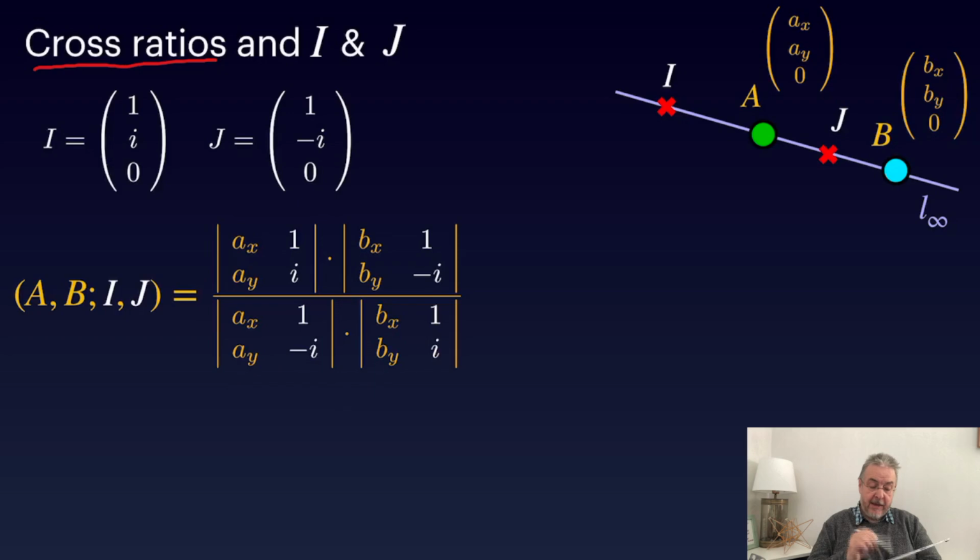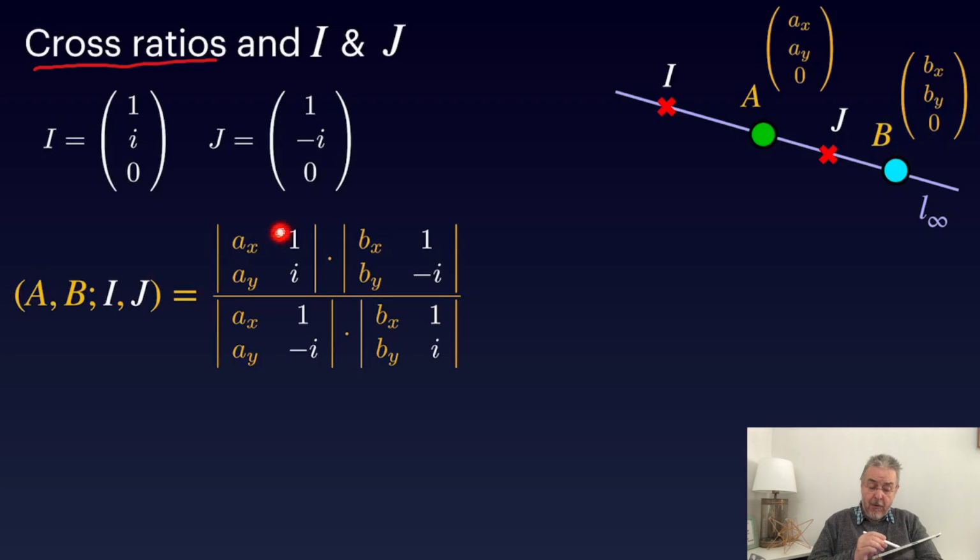We get these expressions here: the product of two determinants divided by the product of two other determinants. You may wonder why I've written 2 by 2 determinants here. Well, you have a 0 in the last spot, and all those points are collinear, so you can restrict to the line at infinity to do these calculations, and what you get is exactly that.